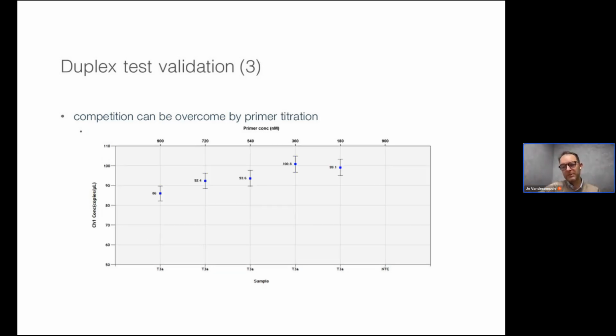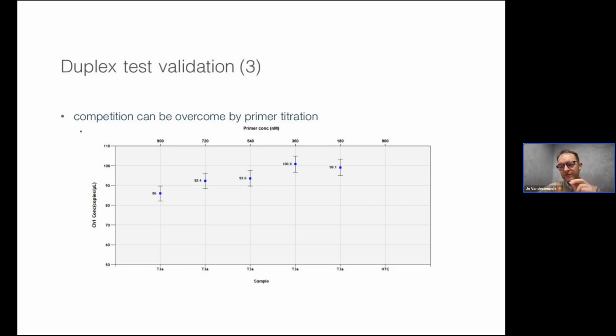And this is the same experiment now showing copy numbers where we have suboptimal concentration of the copies with the dominant assay present. But if we titrate that dominant primer, go to more favorable conditions for the multiplexing to work, we approach the expected copy numbers.